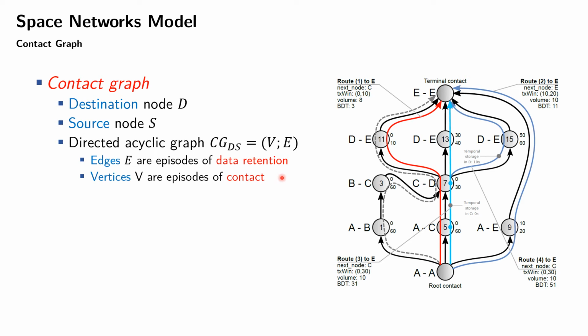If you think of it, this is actually the inverse of how a typical graph models networks, where vertices are the actual nodes and edges are the connections between these nodes. Now we are shifting this, and saying that the vertices on this graph are the contacts in the contact plan, and the edges connecting these contacts are the possibility of keeping data in the memory of an intermediate node.